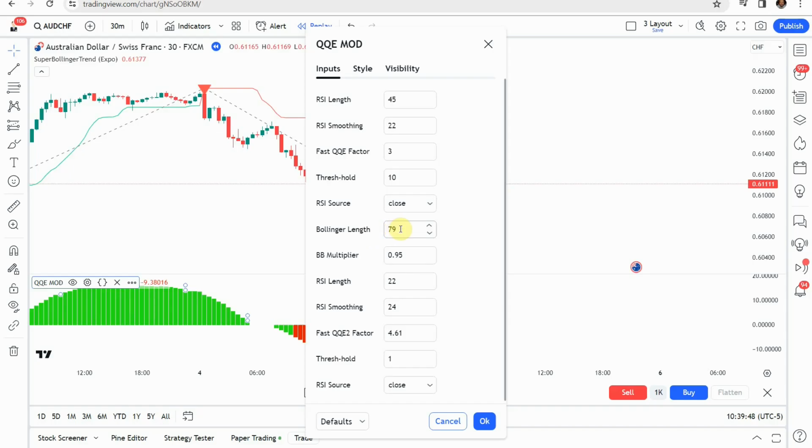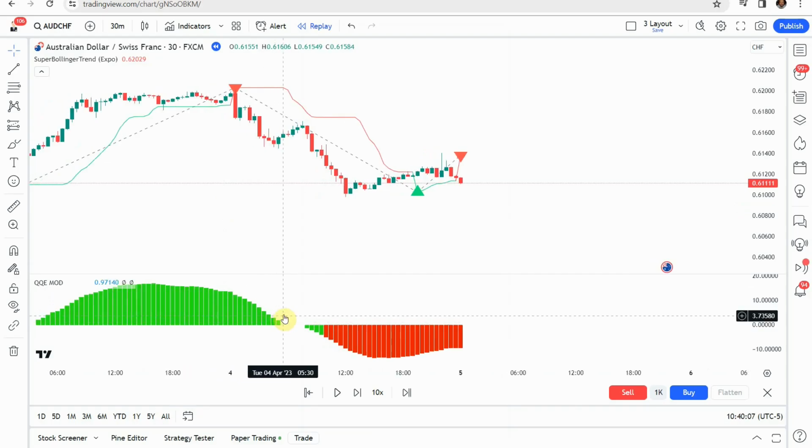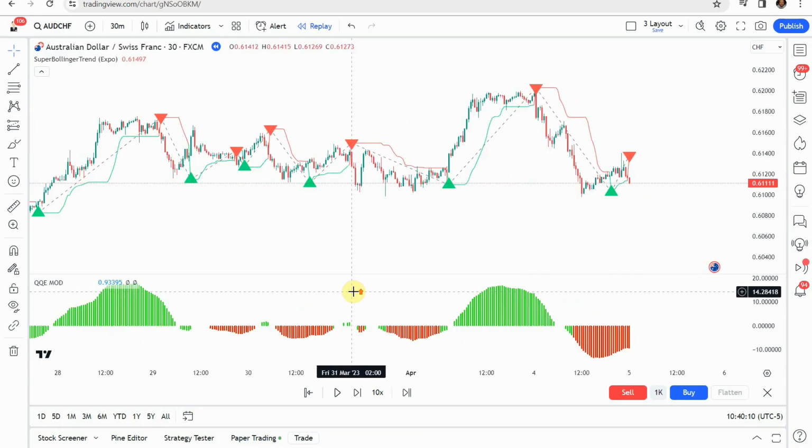Bollinger Band length 79, the BB multiplier to 0.95, RSI length to 22, the RSI smooth to 24, the fast QQE factor, you're going to change that to 4.61, and this threshold you're going to change to 1 and click OK, and it should look like this right here.